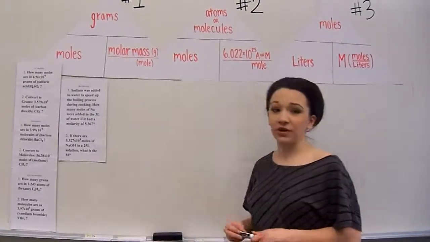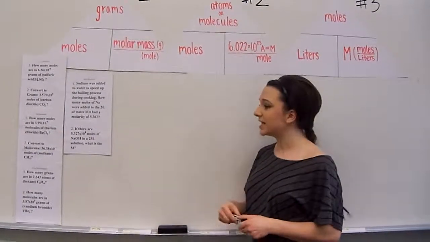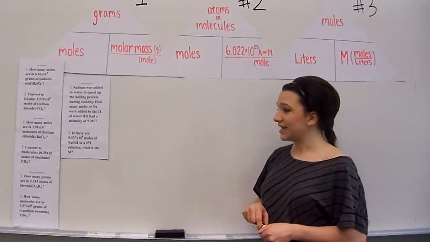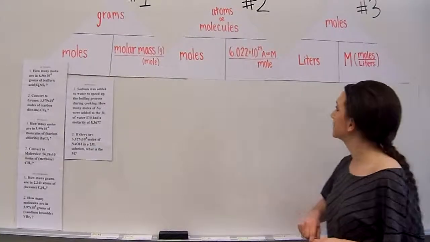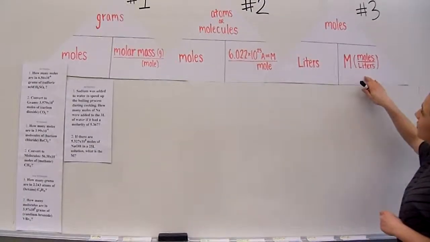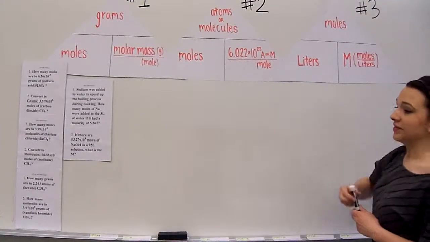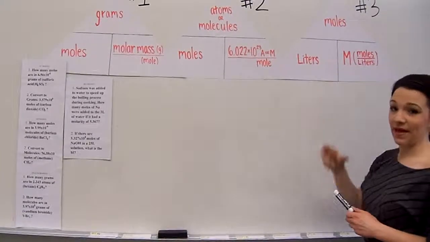Then I'm going to do the final problem. If there are 5.327 times 10 to the 8th moles of NaOH in a 25-liter solution, what is the molarity? So we know we're looking for molarity, and we were given both moles and liters. Therefore, we know we're going to divide the moles by the liters, and that'll give us our answer.